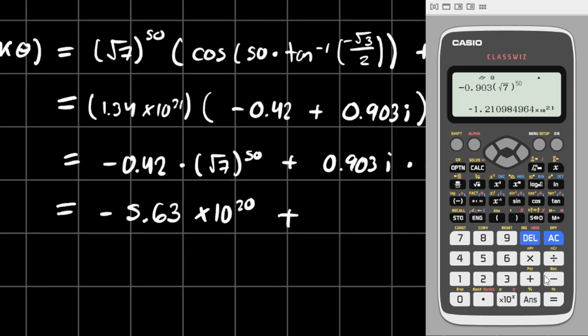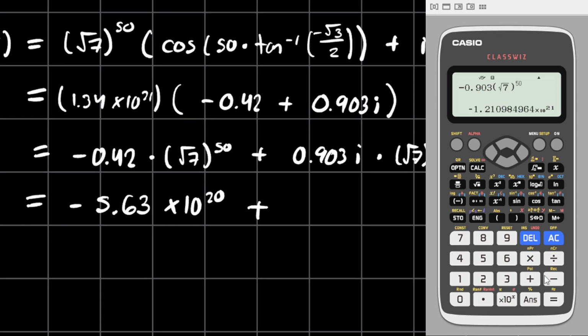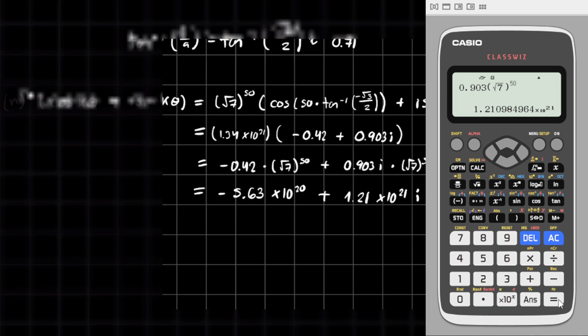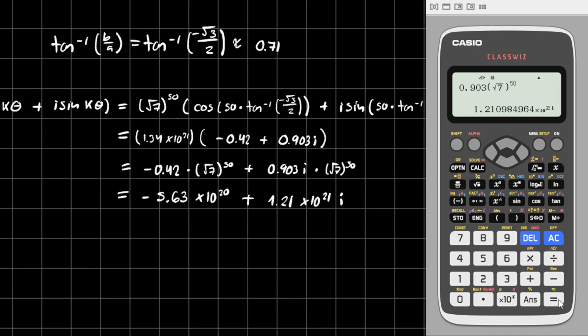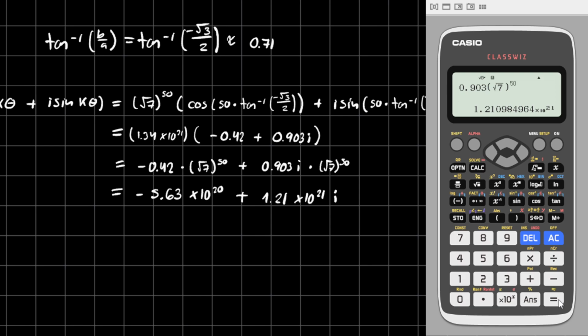Oh no, not minus, it's gonna be plus. So we just remove the minus and it'll be plus. So that's gonna be basically 1.21 times 10 to the 21, and i, of course, is i. So that's pretty much how you solve this. And that's pretty much it, guys. Thanks for watching.